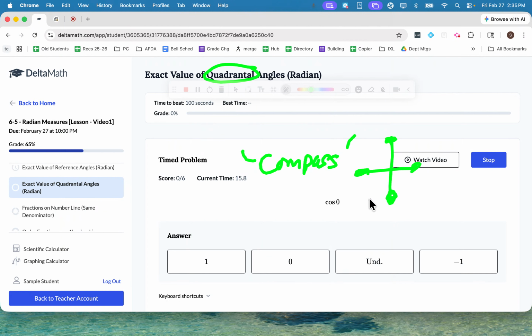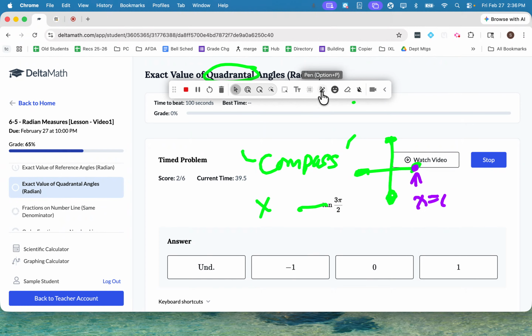And so this is really translating x. Cosine is x. And once you fix your location, x is 1 here. Sine of 0. Sine of 0 is 0.